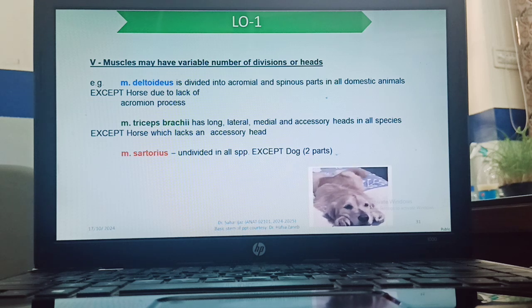But in the other two large species, where only the medial belly of the sartorius is present, those animals can use this muscle to flex the hip joint. The dog can flex and extend the stifle joint using this muscle, but look at the position of the dog where both the hip joint and the stifle are flexed at the same time, so the sartorius is playing its role there. Of course, it has its function while the dog is moving also, but this is one difference you can memorize with respect to the sartorius.